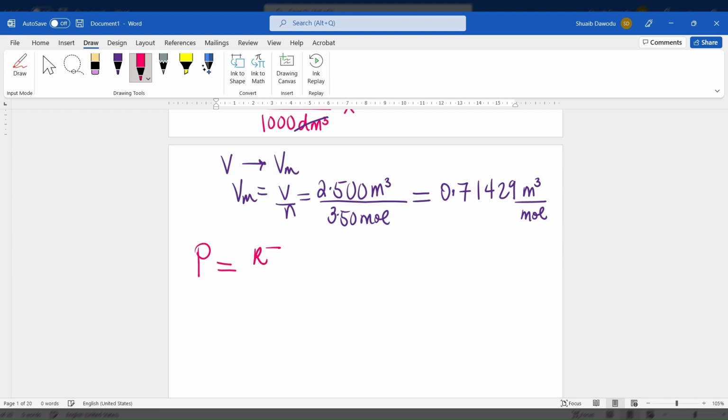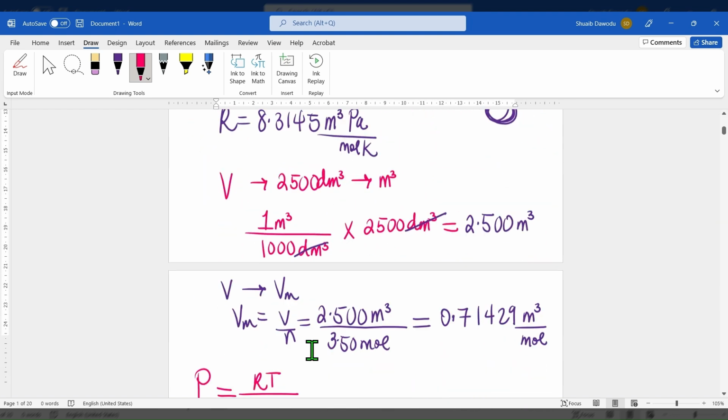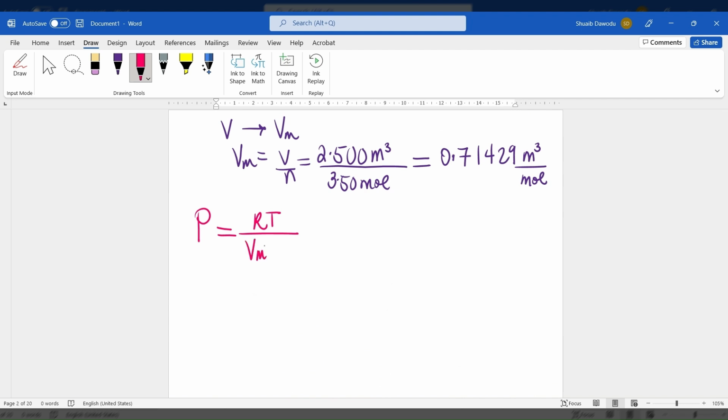So P is equal to RT divided by molar volume minus B, minus A divided by molar volume squared.